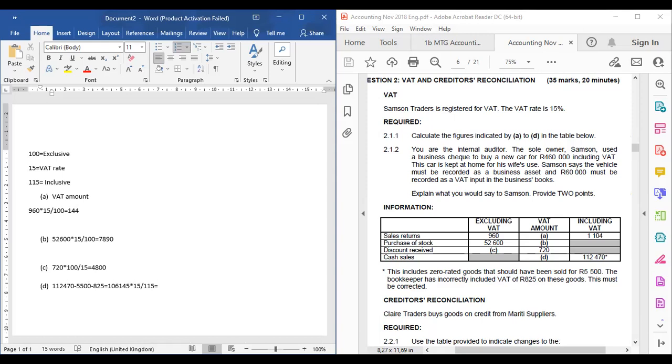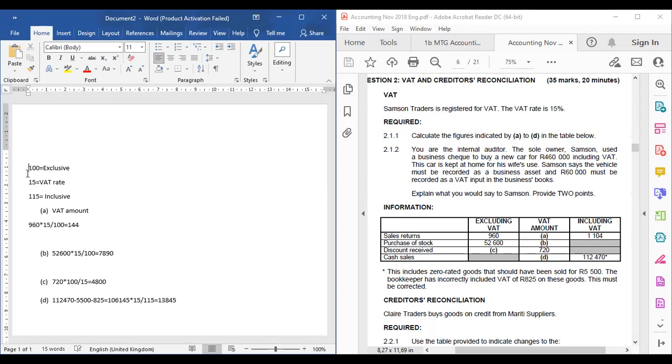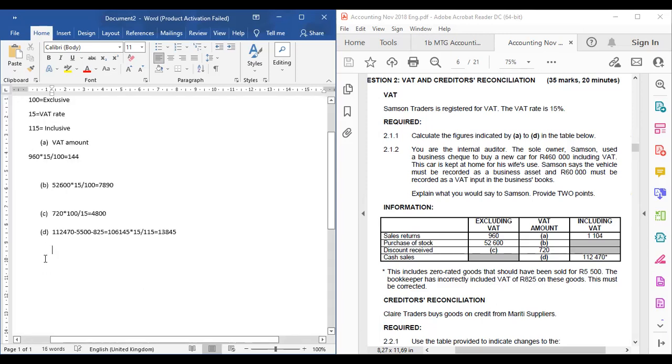The VAT amount is 13,845. So we're basically done with this question, 2.1.1.